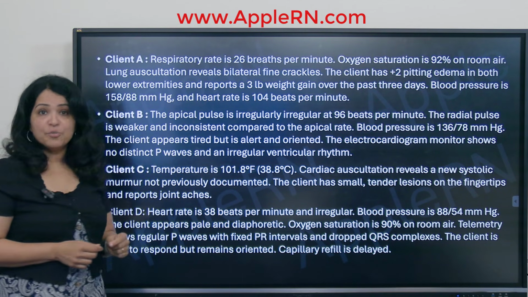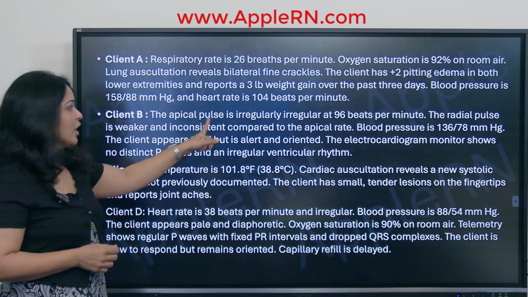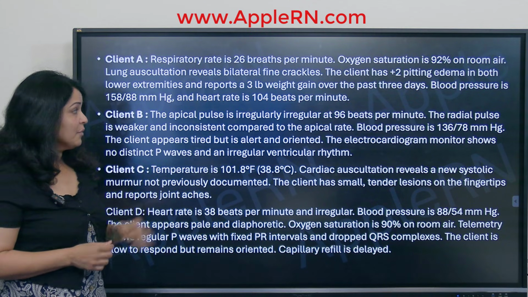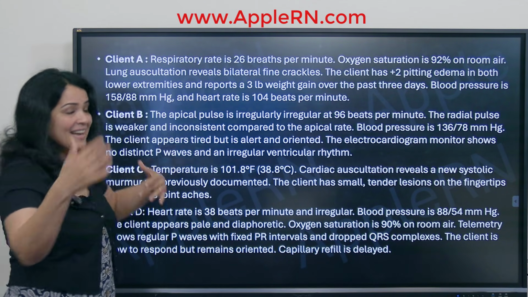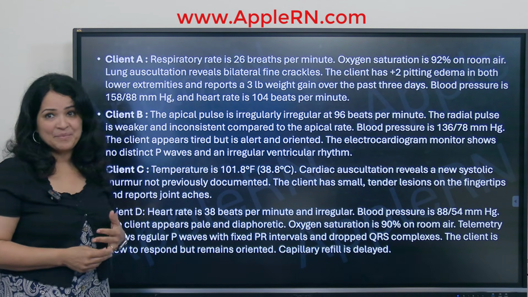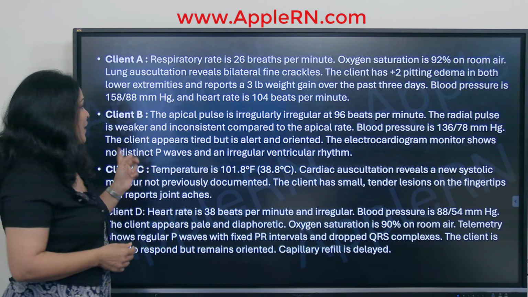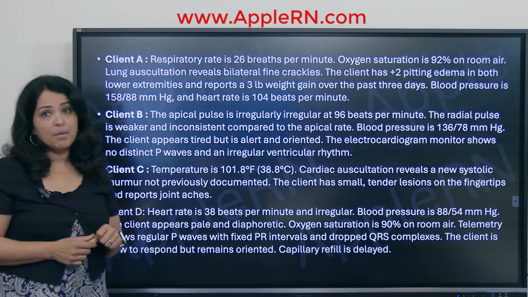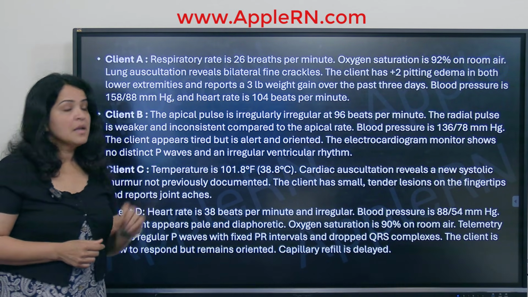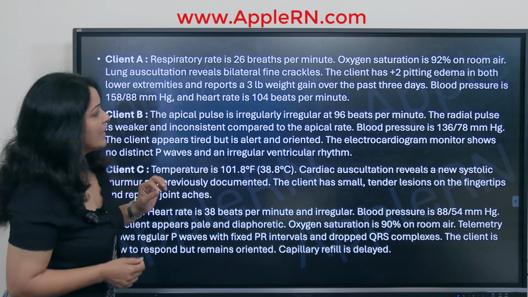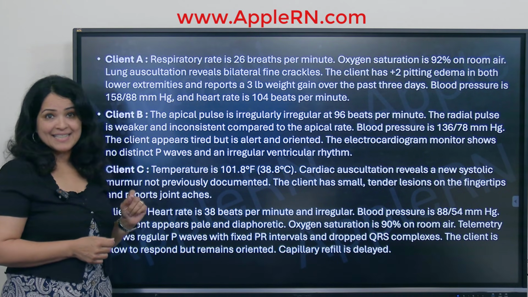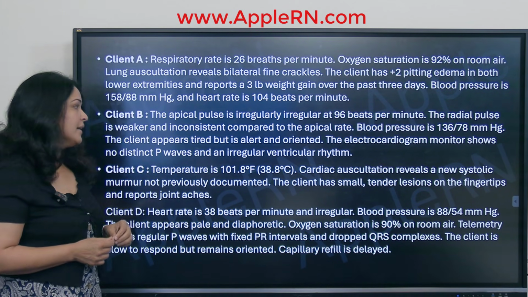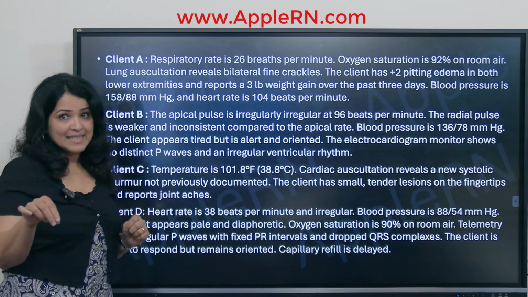Second one, client B. Apical pulse is irregularly irregular at 96 beats per minute. The radial pulse is weaker and inconsistent compared to the apical pulse. Blood pressure is 136/78. The client appears tired but is alert and oriented.